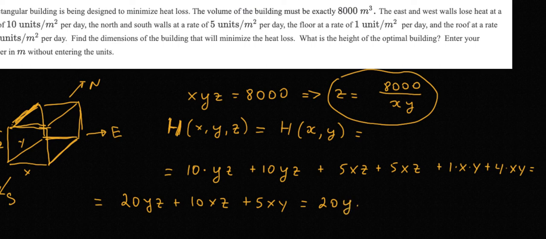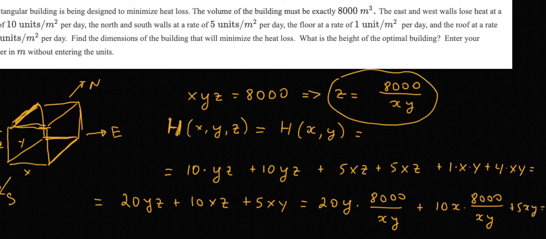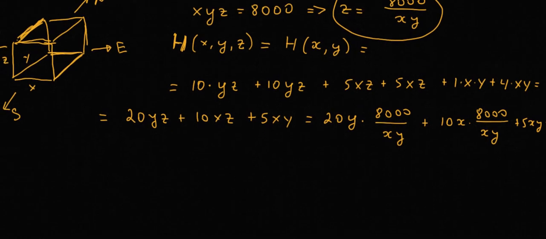So 20y times 8,000 divided by x times y, plus 10x multiplied by 8,000 divided by x and y, and then finally plus 5xy. And let's make simplifications. The factor y here and the factor y in the denominator cancel out. Likewise, the factor of x and the factor of x in the denominator cancel out.